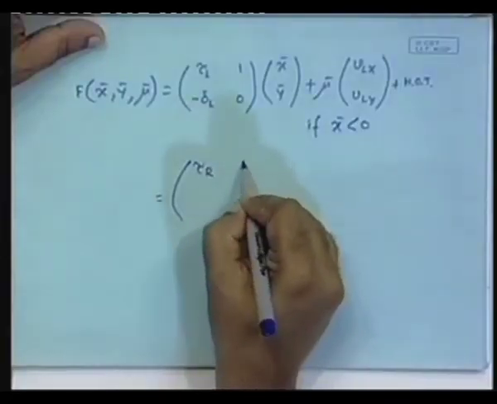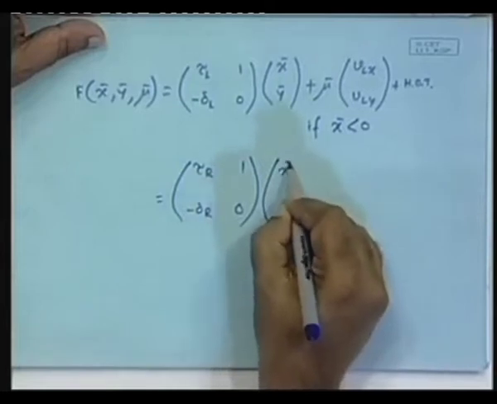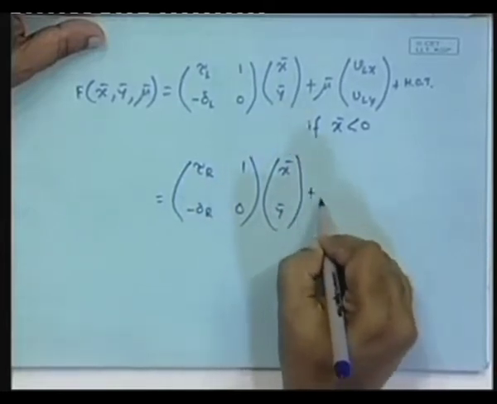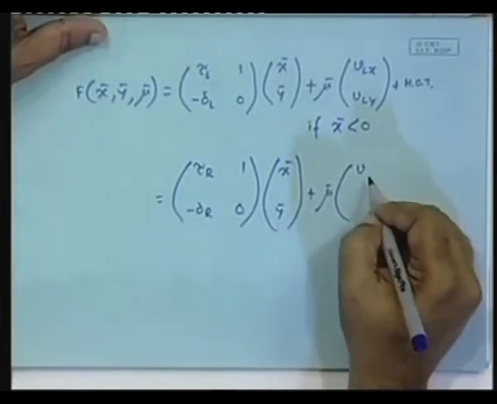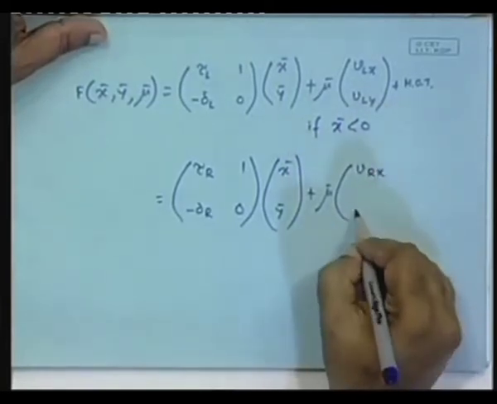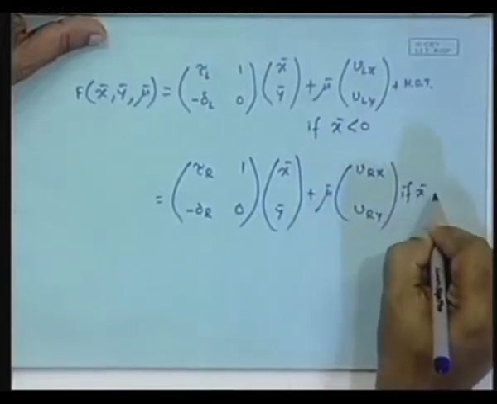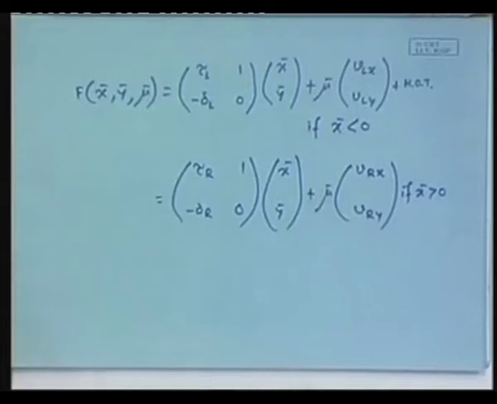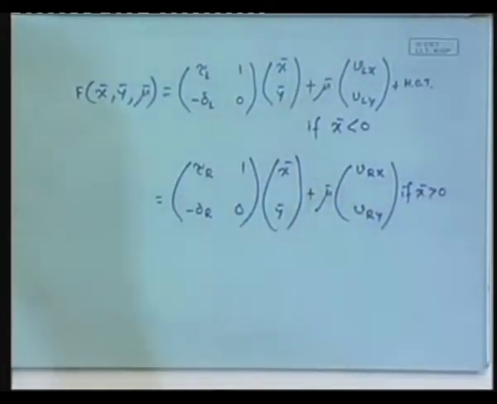On the right hand side, you will arrive at a similar thing. So, this is equal to tau r, 1, minus delta r, 0, times x bar, y bar, plus mu bar times VR x, VR y, if x bar greater than 0. I am ignoring the higher order terms now, because we are obtaining the local linear representation.